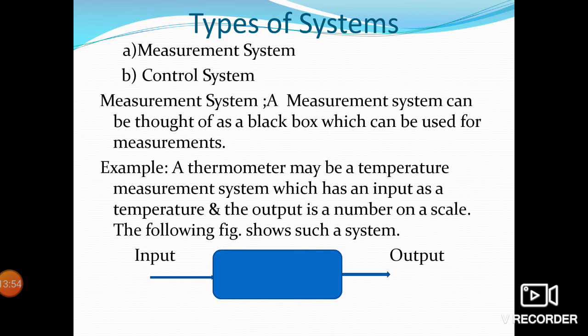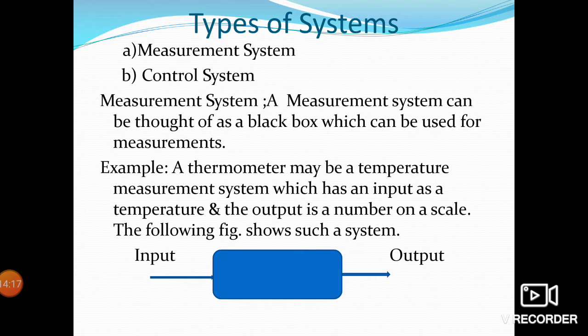For example, in an air conditioning system, you measure the temperature, and at the same time you can also control the temperature. But whenever we measure a temperature by using a thermocouple, it comes under the classification of a measurement system.